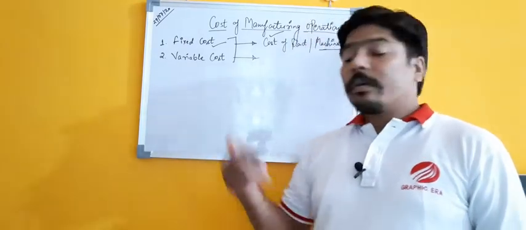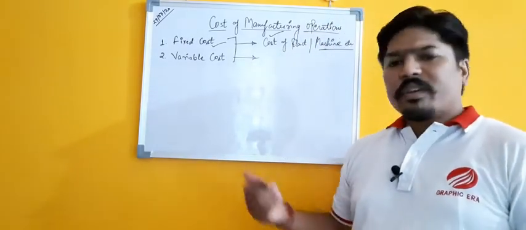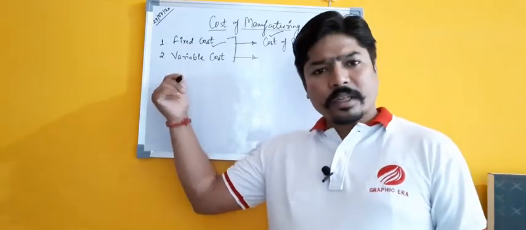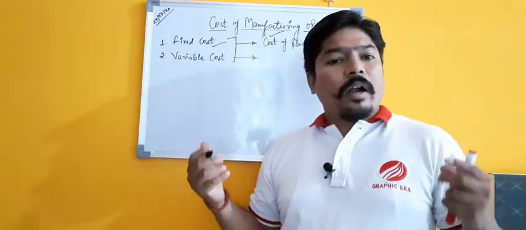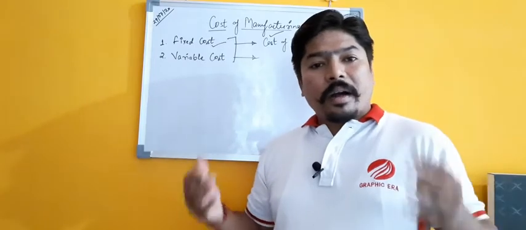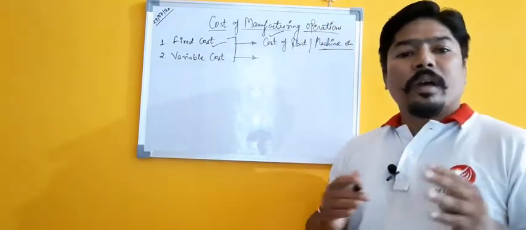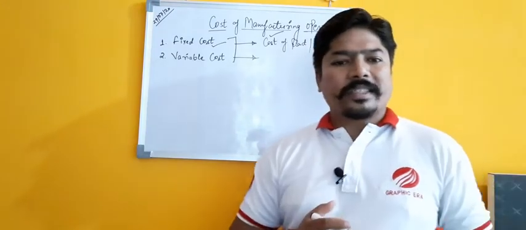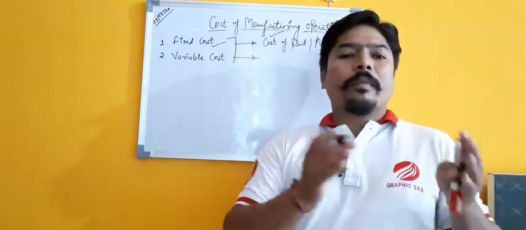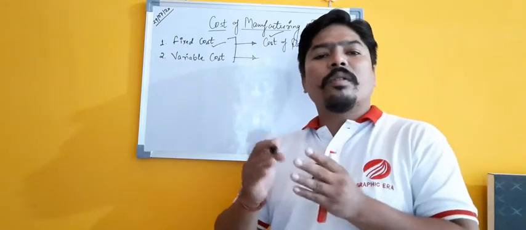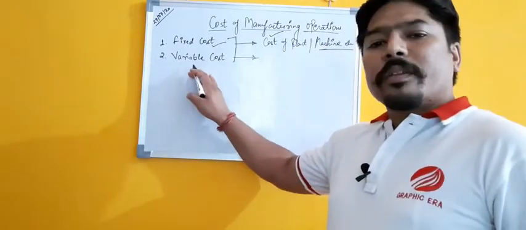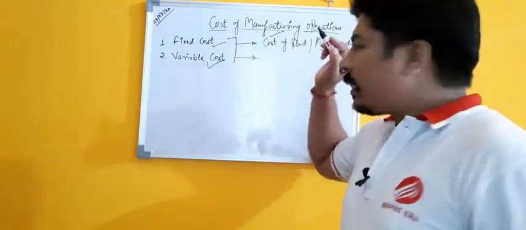Okay, so this is a kind of cost which will vary according to your part, component, or product. It may vary from production type to production type, manufacturing facility to manufacturing facility, or from product to product.